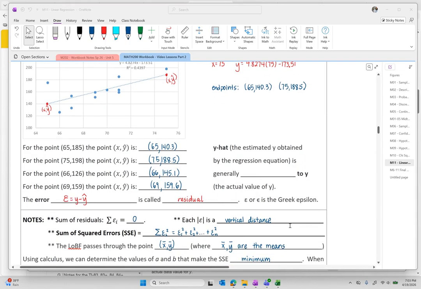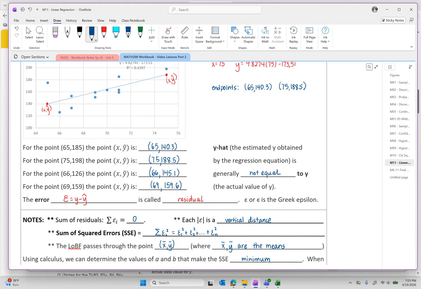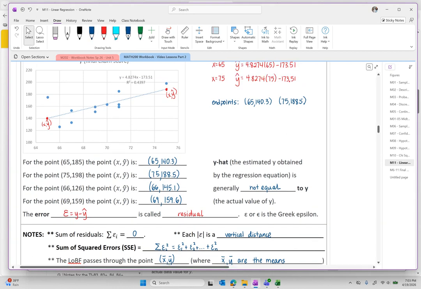Again, notice that y hat is an estimation of the y obtained by the regression equation, and it is generally not equal to the actual y that I collected from my data set. This vertical error, y minus y hat, is called the residual, with the notation of epsilon, which is the lowercase Greek e.